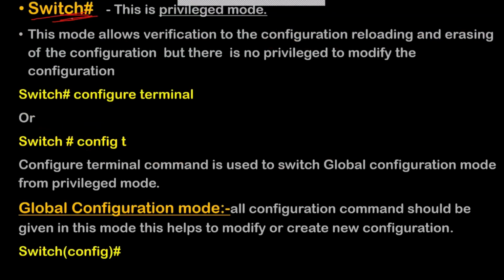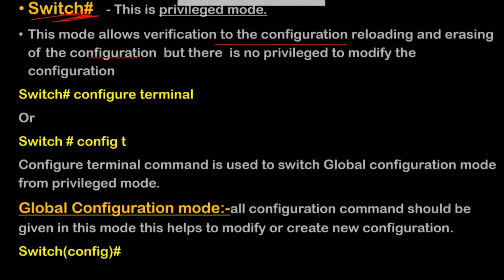This mode allows verification of the configuration, reloading and erasing the configuration, but there is no privilege to modify it. You can see and verify the configuration, but you can't modify it. You can also save or erase your settings on this mode.